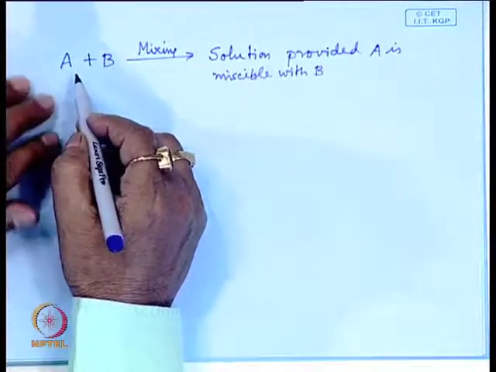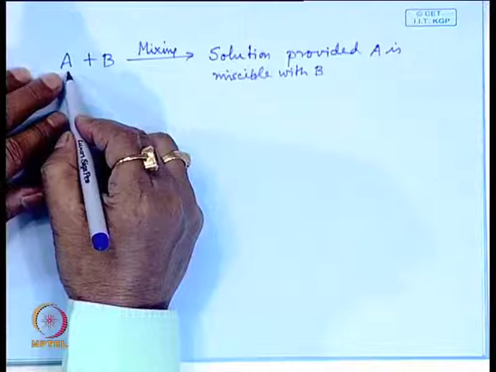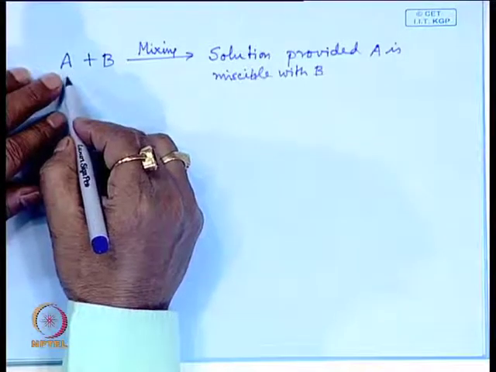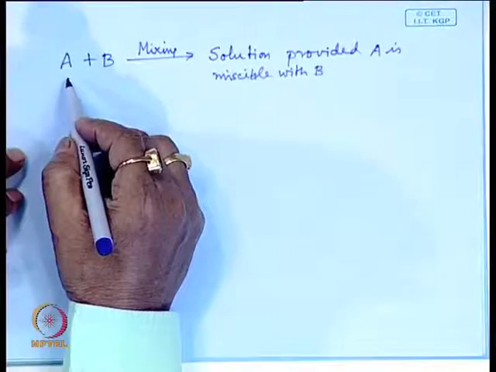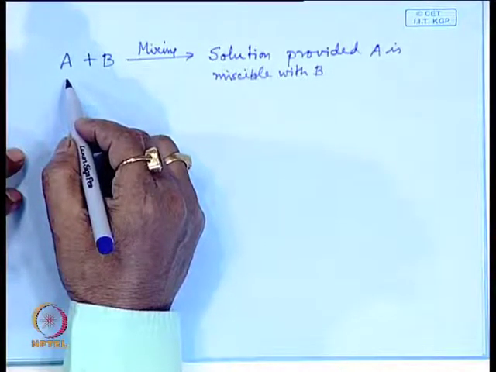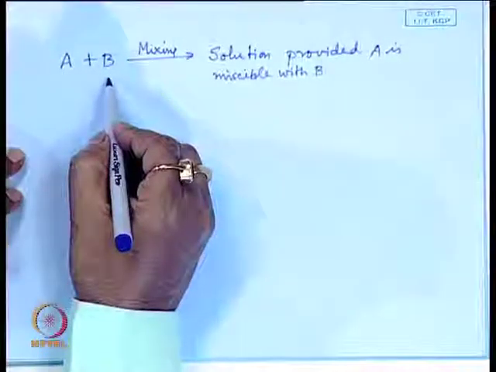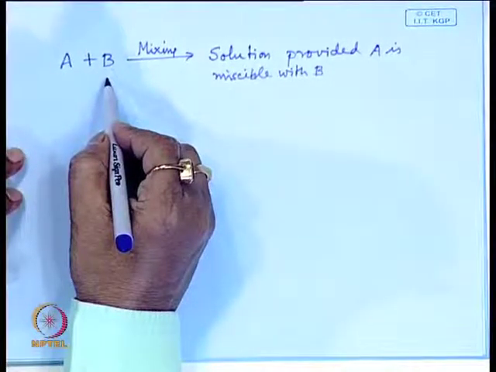Out of these two components, one may be considered as a solvent and the other may be considered as a solute. You can take the example of a simple case of a solution, say sugar in water. Suppose A is sugar, B is water. It forms a homogeneous solution because sugar is miscible with water.